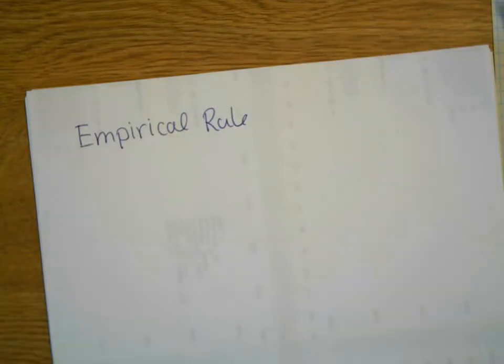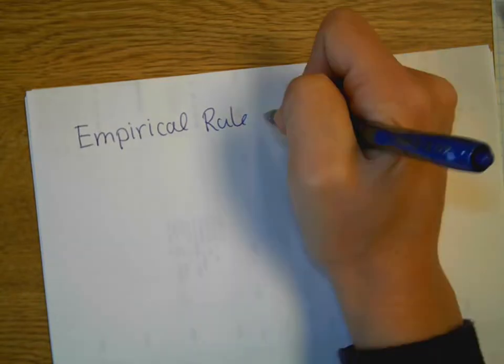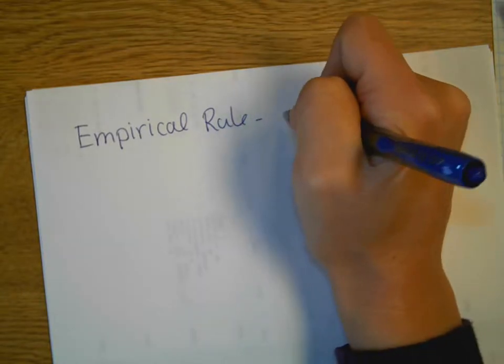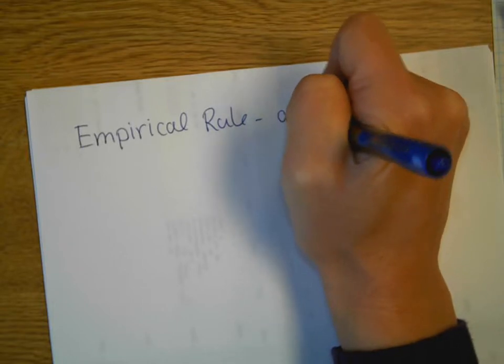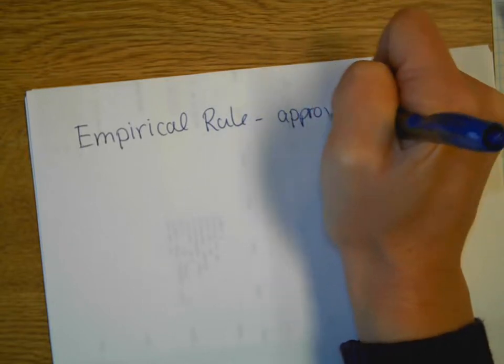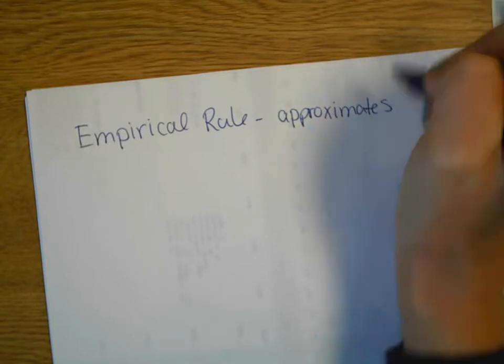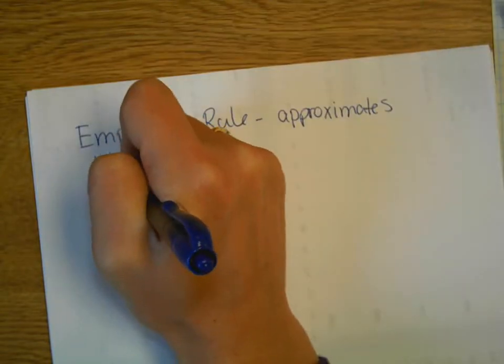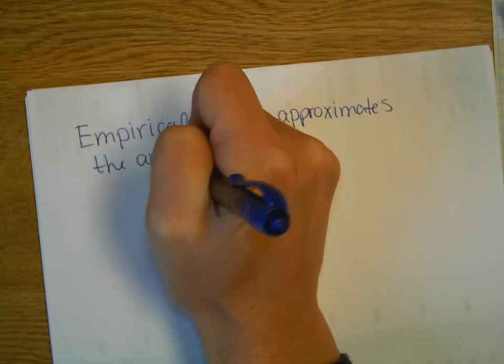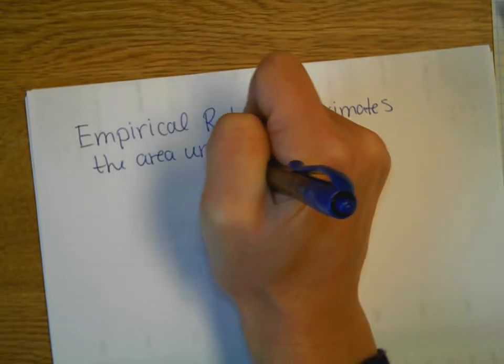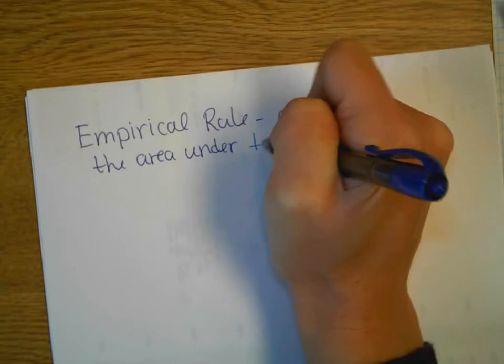The empirical rule. This is what we're going to spin off on in this chapter. The empirical rule is a good way to approximate the area under the normal curve. We did this one before.